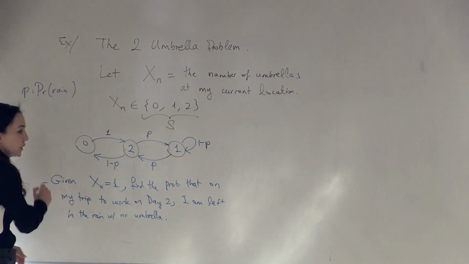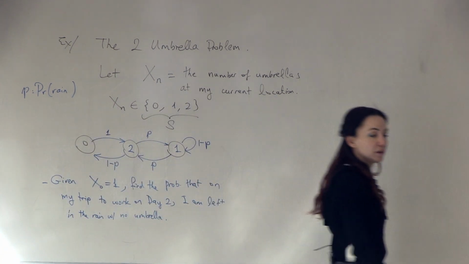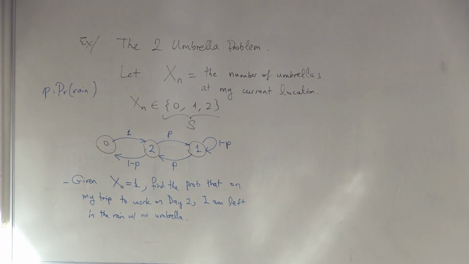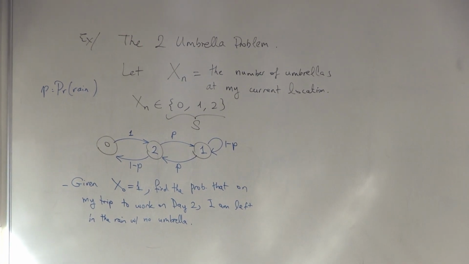How do you think we can compute this probability?